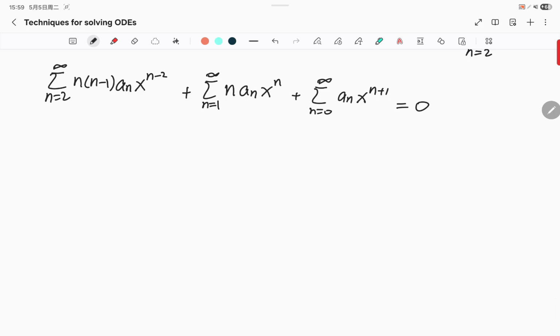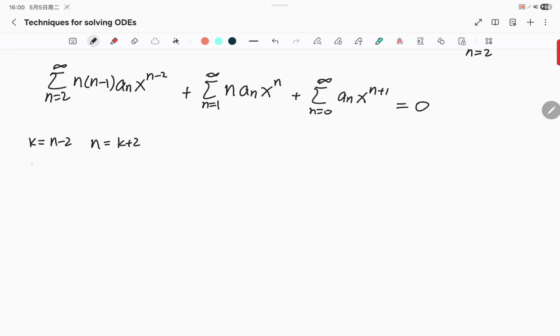So for series 1, for each individual series, we make k equal to this power, this power, this power. In this case, k is equal to n minus 2. That means my n is equal to k plus 2, and the starting value was n equals 2.